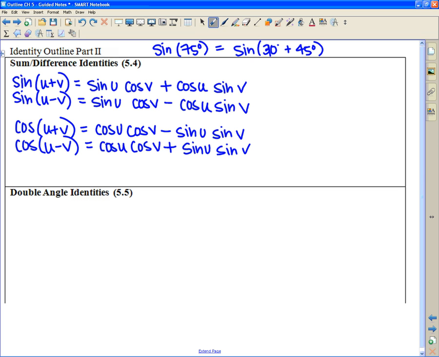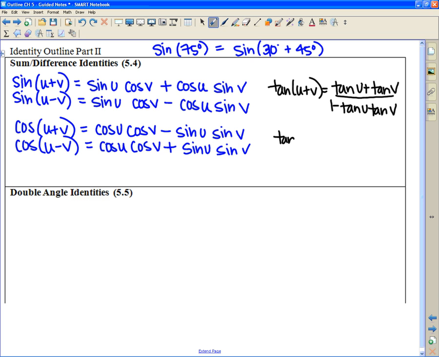Last but not least, there's tangent. I think I'm going to write tangent over here. Tangent of u plus v equals tangent of u plus tangent of v divided by 1 minus tangent u, tangent v.